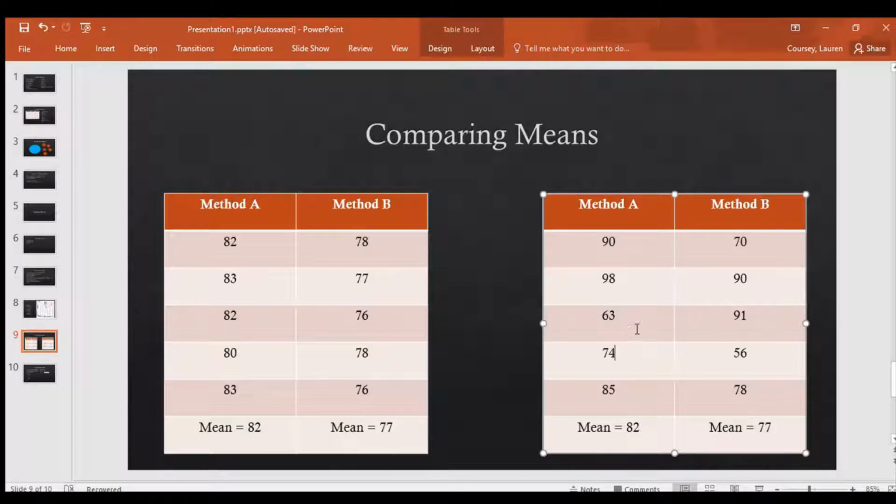But if you look at the individual scores, there are several instances in which people over here in method B are scoring higher, and in fact much higher, than people over here in method A. And so in method A, our range is from 63 to 98. So we have a range of 35 within this group, right?